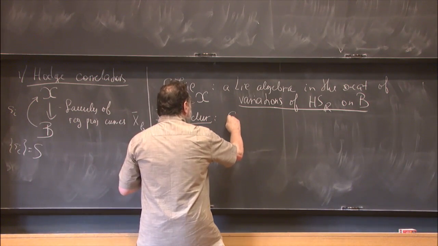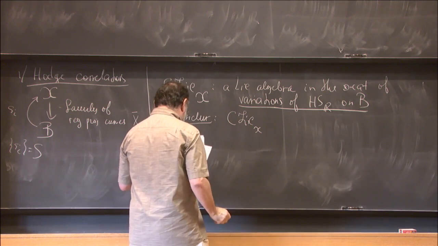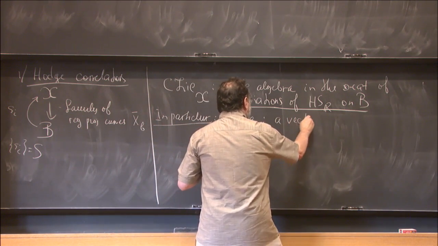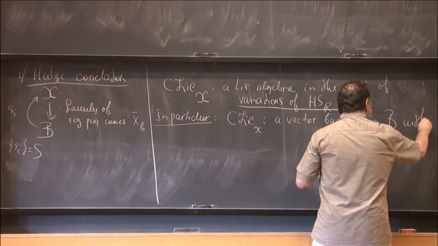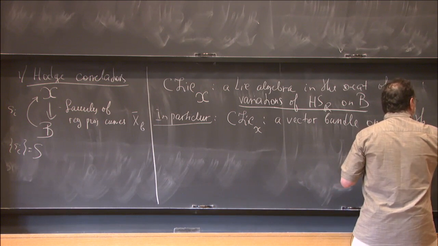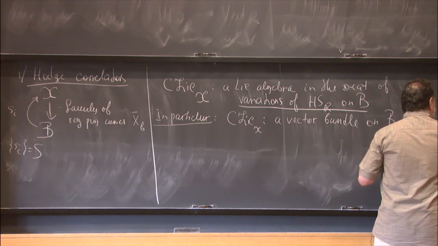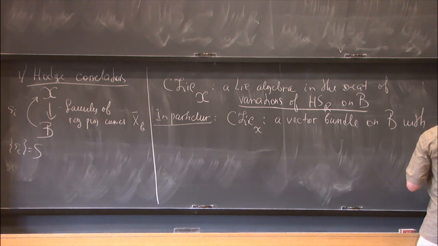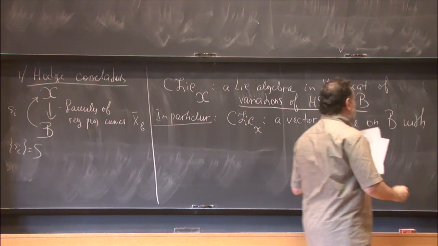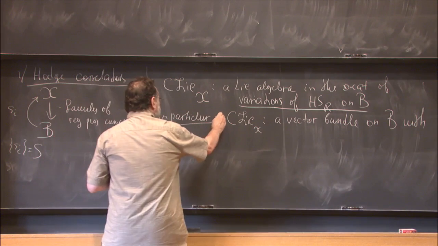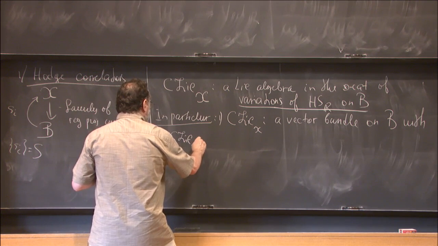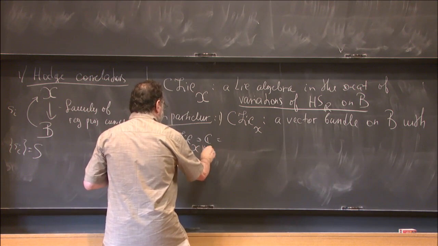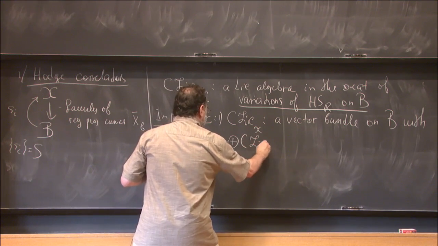First of all, this cyclic Lie is a vector bundle on B with Gauss-Manin connection, which I call D. And secondly, if you take its complexification, it is a direct sum of its components as usual.